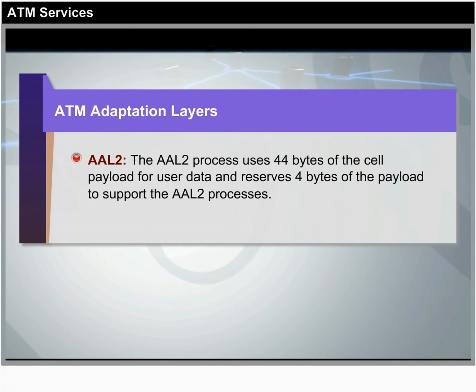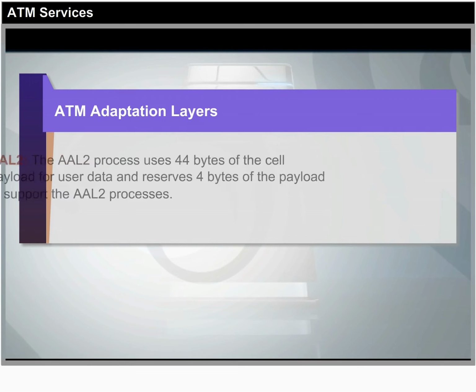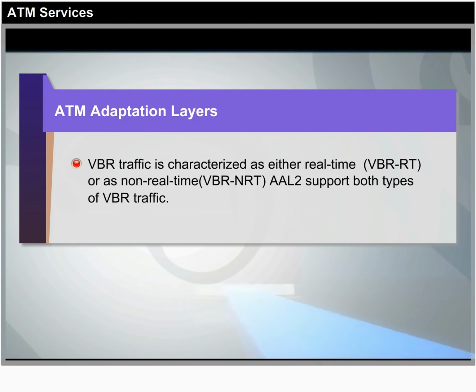The AAL2 process uses 44 bytes of the cell payload for user data and reserves 4 bytes of the payload to support the AAL2 processes. VBR traffic is characterized as either real-time VBR, RT, or non-real-time VBR, NRT. AAL2 supports both types of VBR traffic.